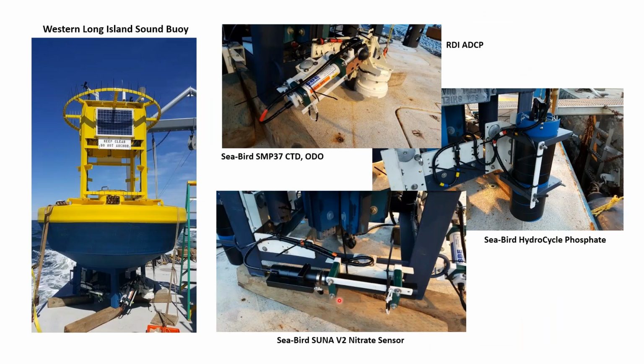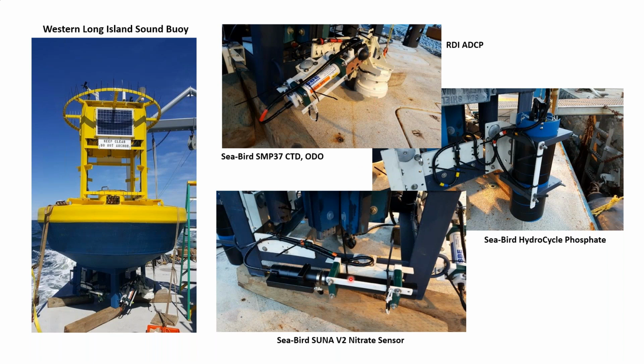This is our Western Long Island Sound buoy. Here is our surface DO sensor, salinity, and temperature sensor, the Seabird Microcat Model 37. We also have on this buoy, looking down, an RDI ADCP to look at currents.